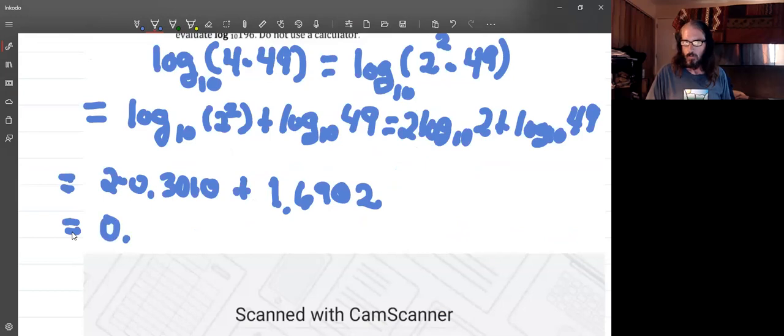So this is not a difficult multiplication to do, relatively speaking. But you can check me on a calculator here.